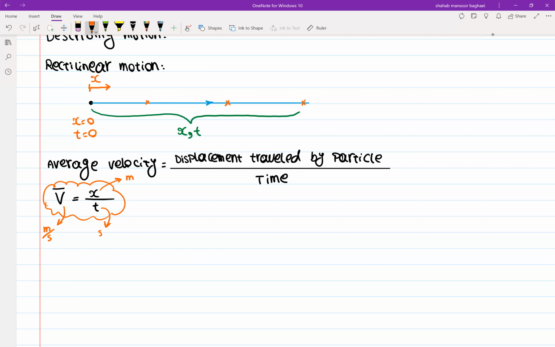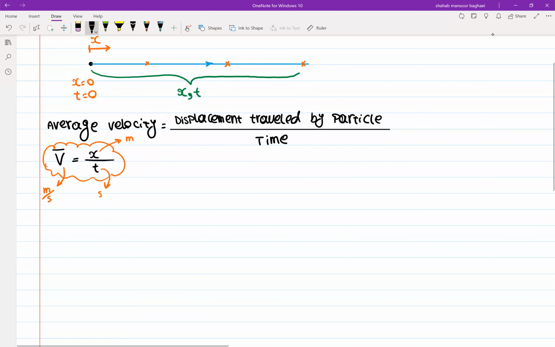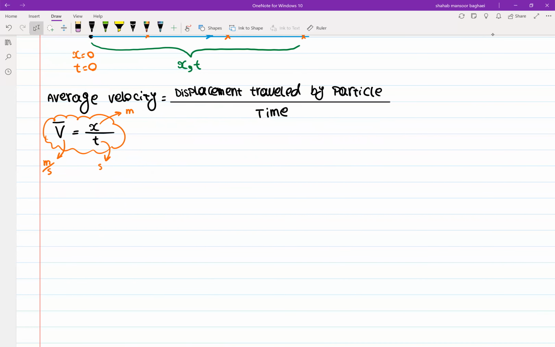In general, we have a system of units in physics. It is called the standard system of units, or SI. There are three major quantities in physics: mass, length, and time.